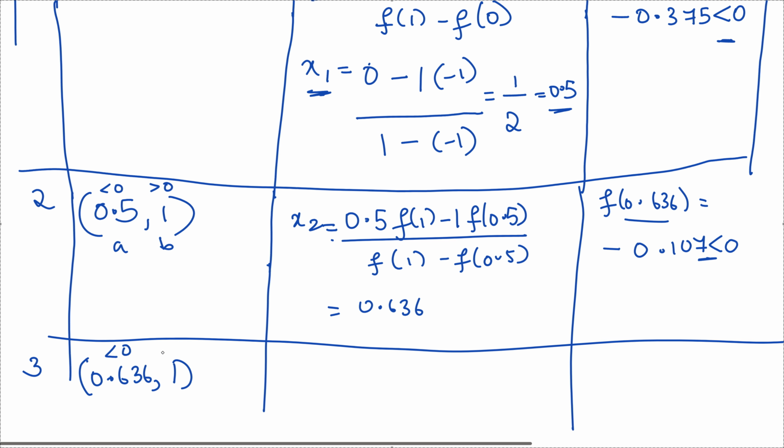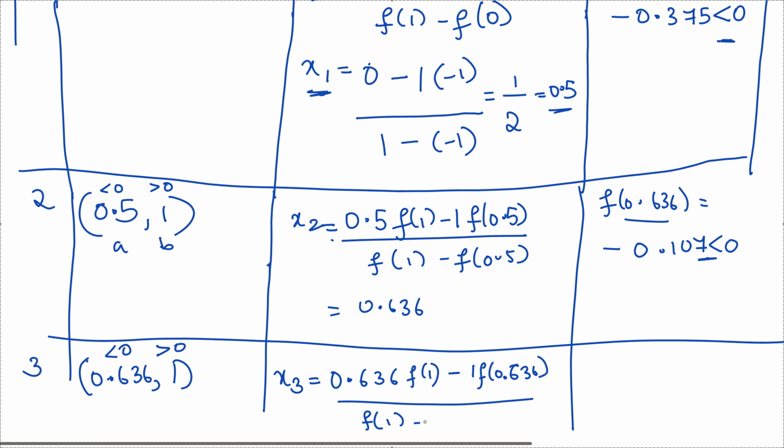So this gives us less than 0, this gives us greater than 0, right? So x3 is now 0.636 into f of 1 minus 1 into f of 0.636 divided by f of 1 minus f of 0.636.